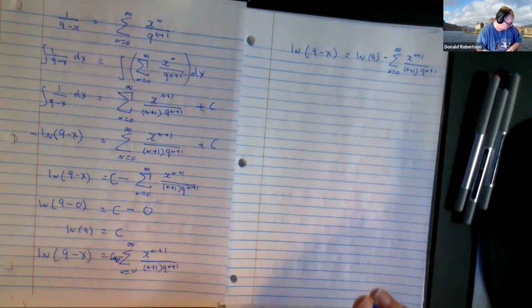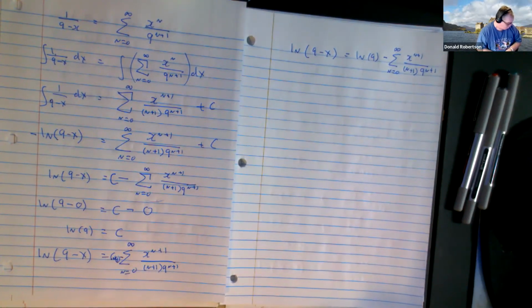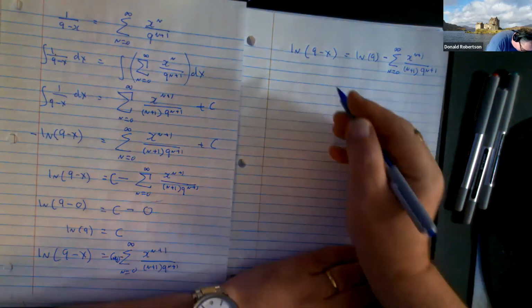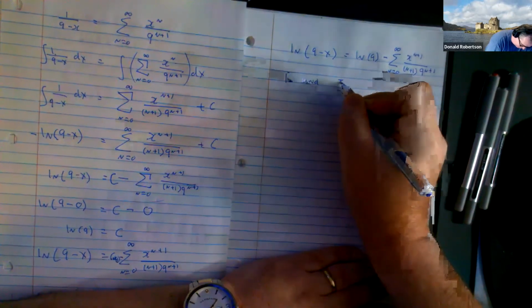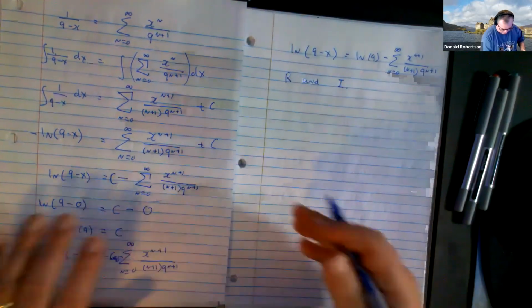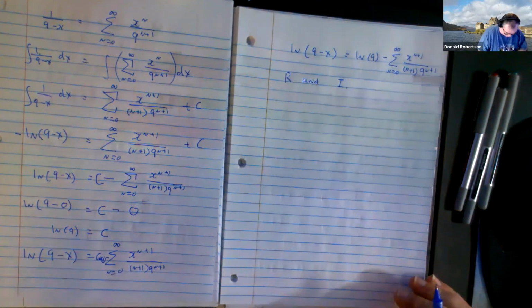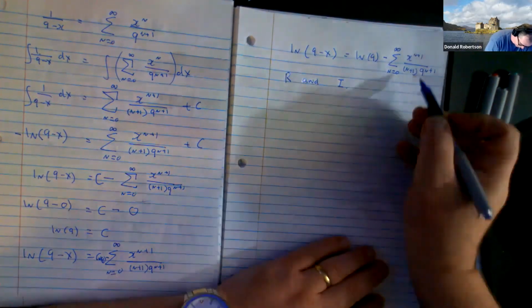And we're essentially done. Now, you're meant to calculate R and I, the radius and the interval of convergence, essentially for this power series.